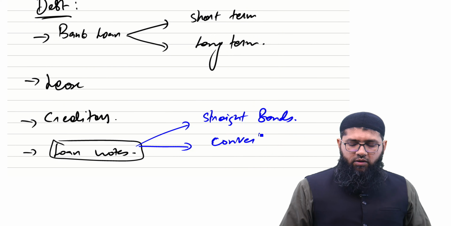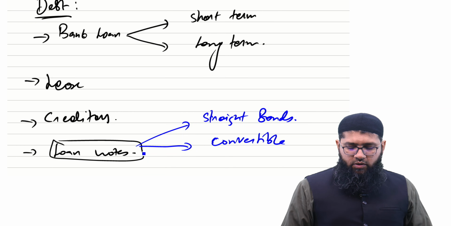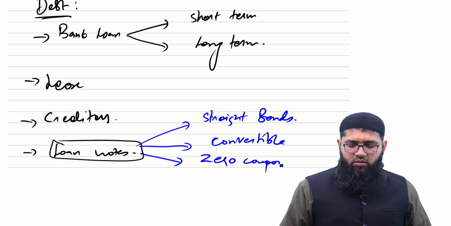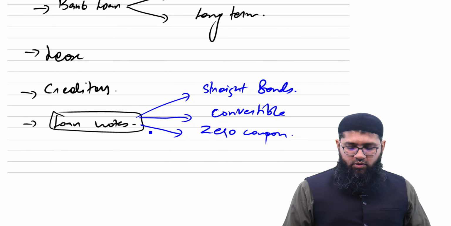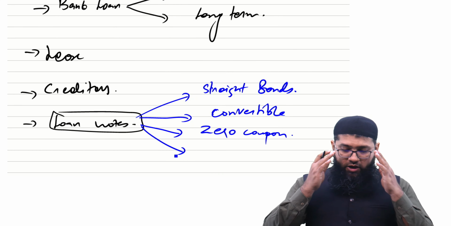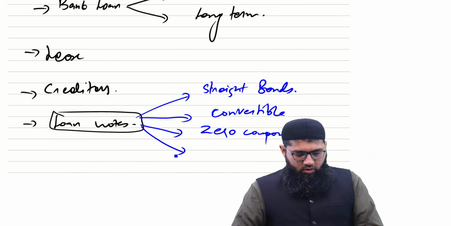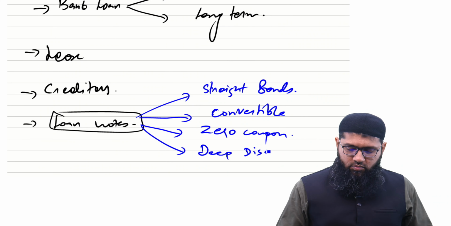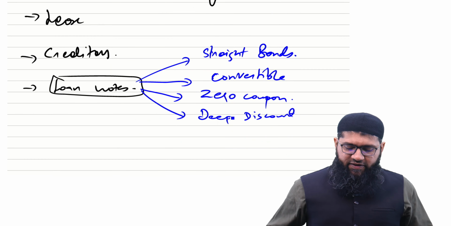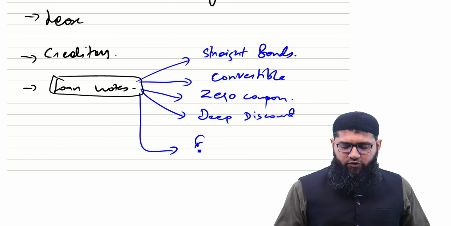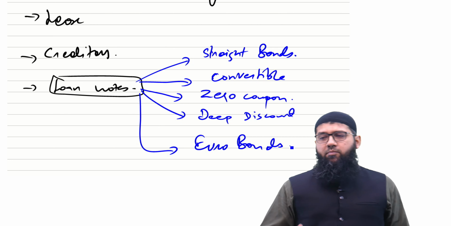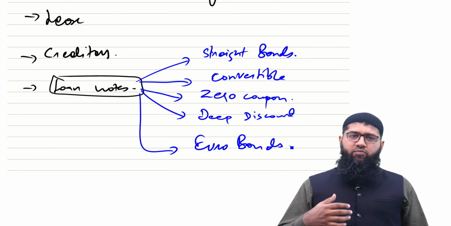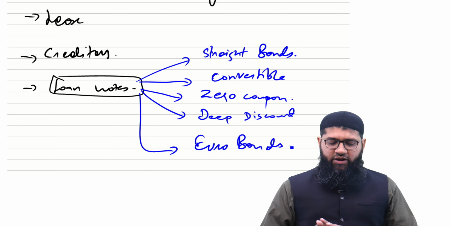Some are called convertible bonds. Some are called zero coupon bonds. Some are called deep discount bonds. Then there are also euro bonds. So there are multiple types of bonds, multiple types of loan notes that are in issue.